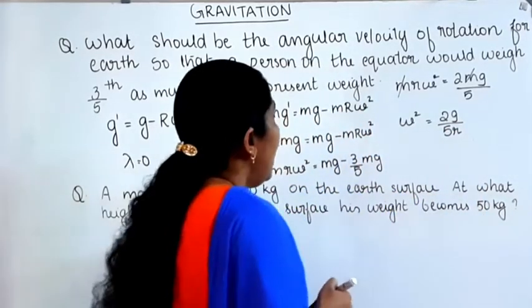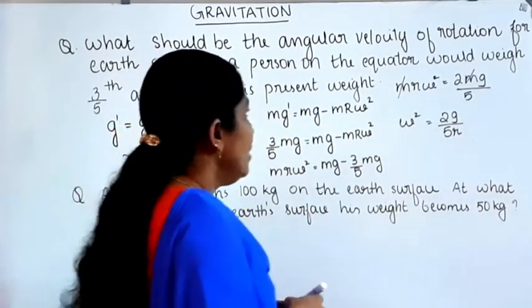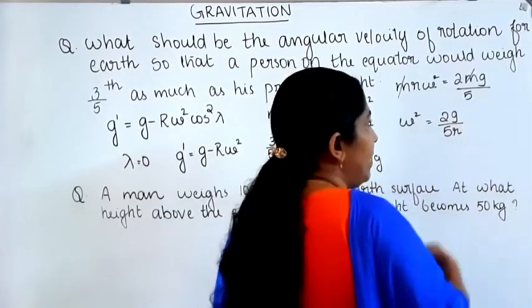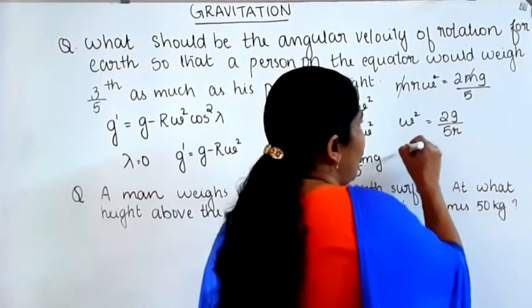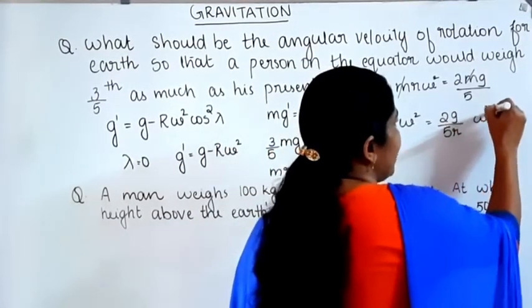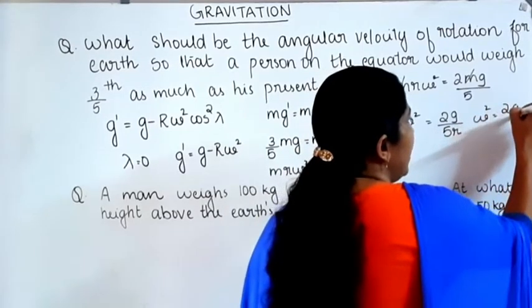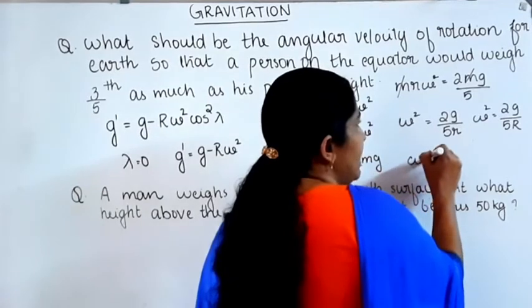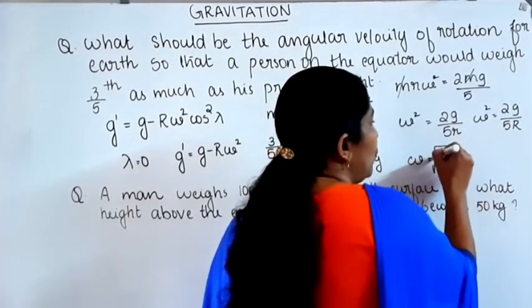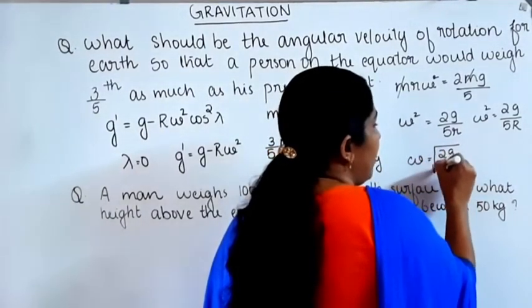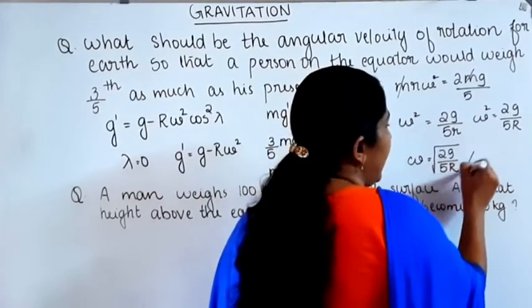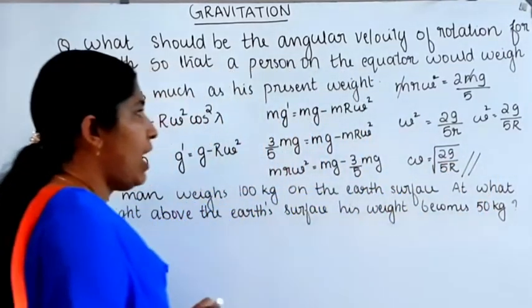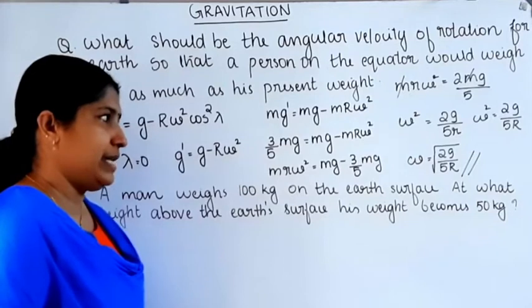Here r is the radius of the earth, so small r can be written as capital R. Then omega square is equal to 2g divided by 5R. Then omega is equal to root of 2g divided by 5R, which is the angular velocity.